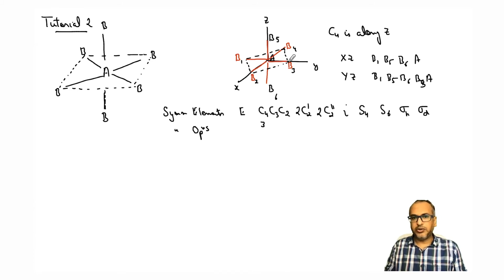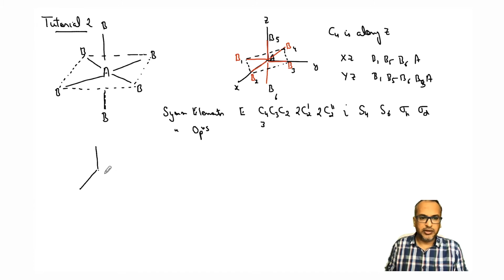If you try to draw this molecule in a way where you can see, this is my A, this is B, B, B, and not all B's are in the plane. All 3 B's are coming out of the plane of the board, and these 3 B's are going at the back, behind the plane of the board.